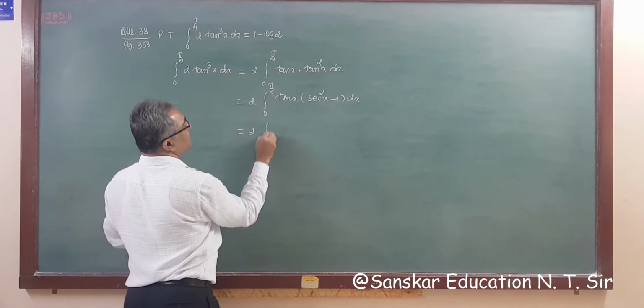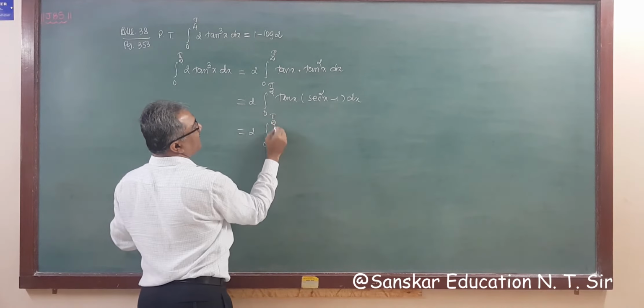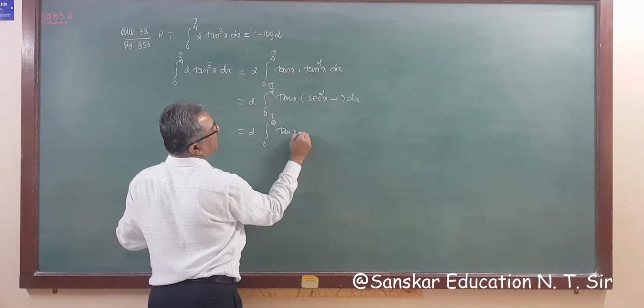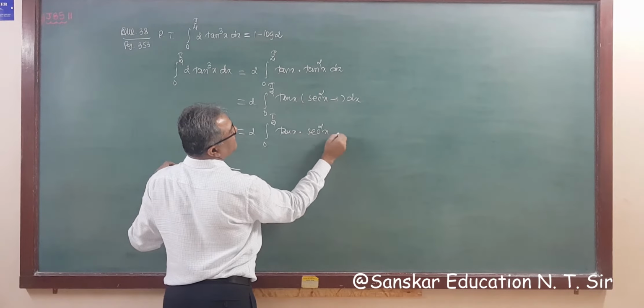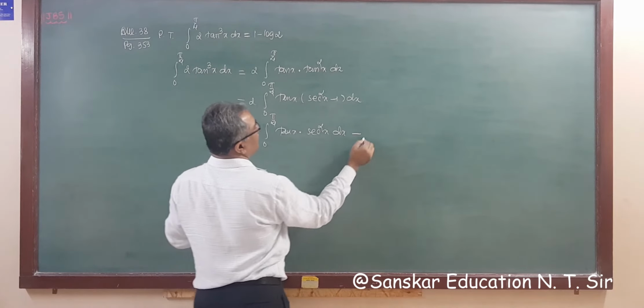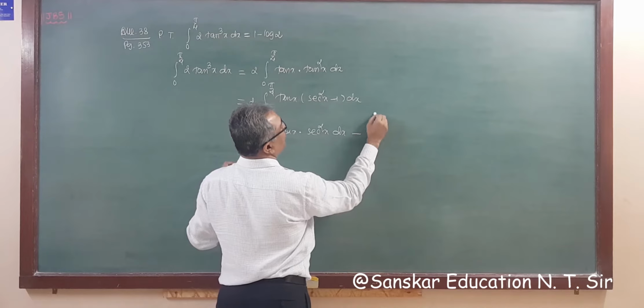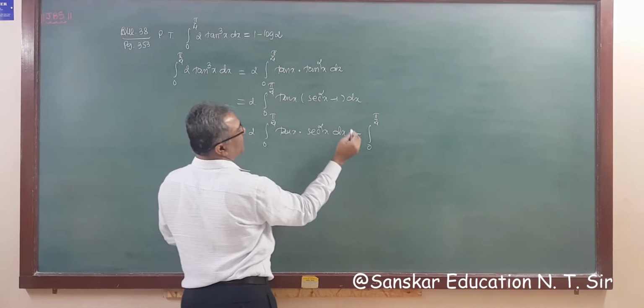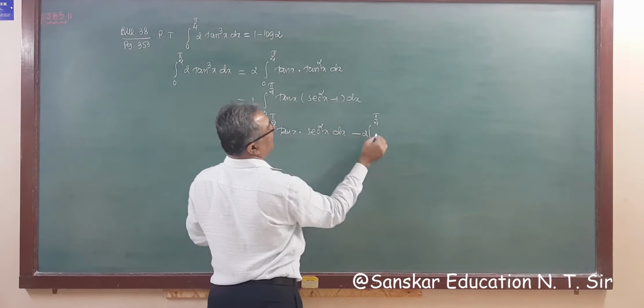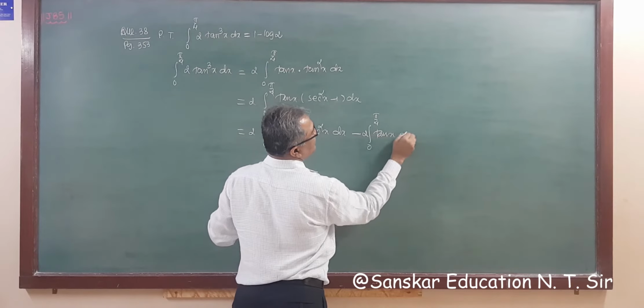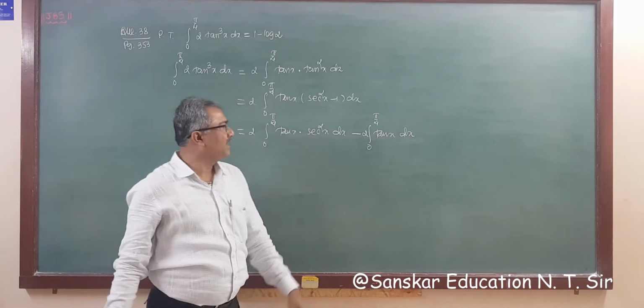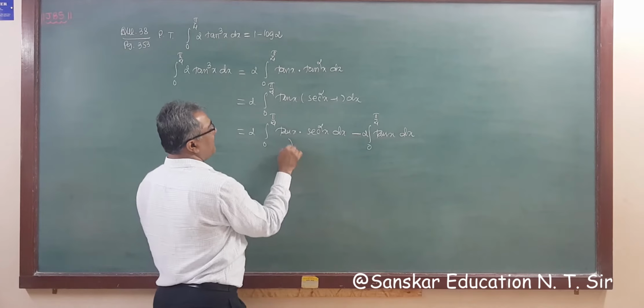This is 2 times the integration from 0 to pi by 4 of tan x into sec square x dx, minus the integration from 0 to pi by 4 of 2 tan x dx, as the 2 is also multiplied here. Now you know this is f(x), tan x.